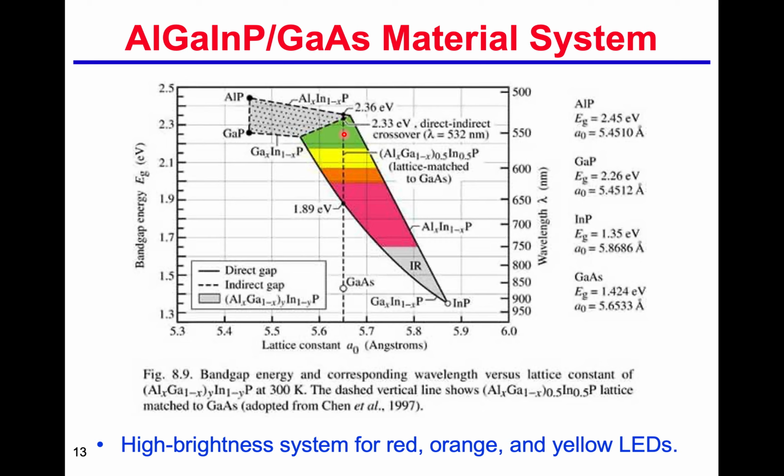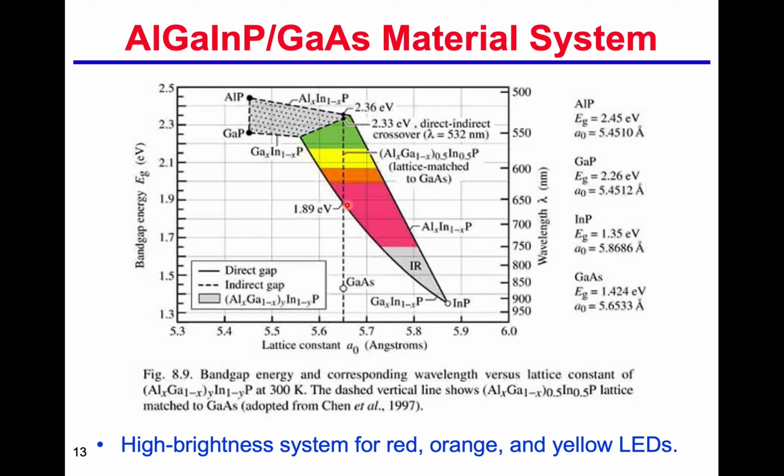It is not easy to obtain the crystalline substrate, especially for the ternary or quaternary. So we can have the binary substrate, and a common substrate is gallium arsenide. And gallium arsenide has a lattice constant of 5.65.